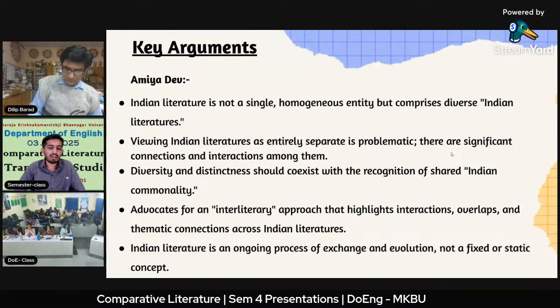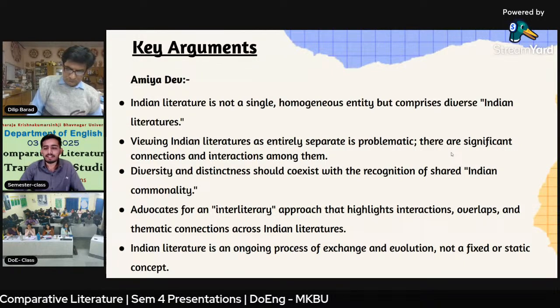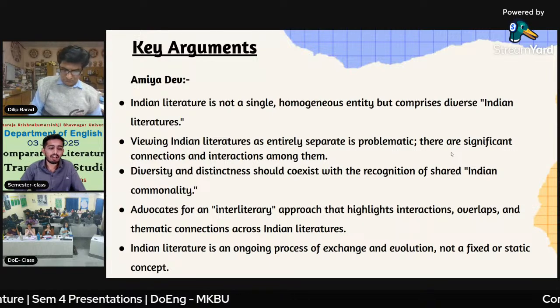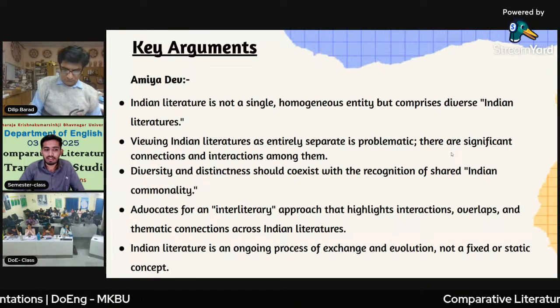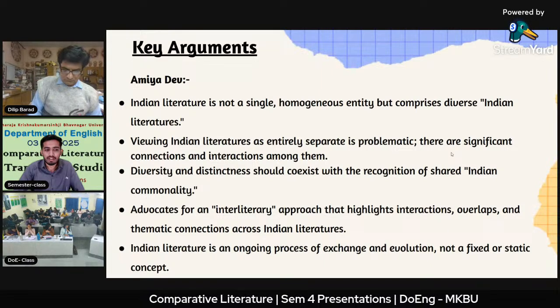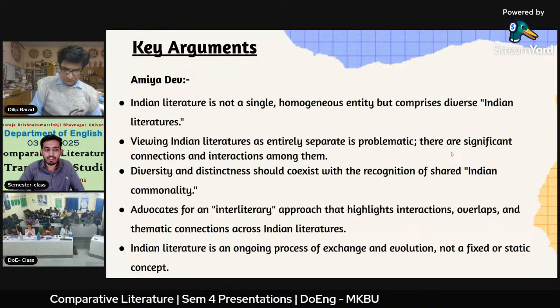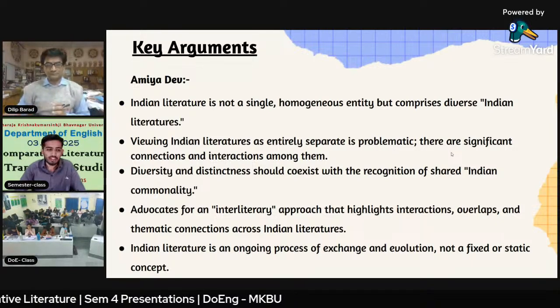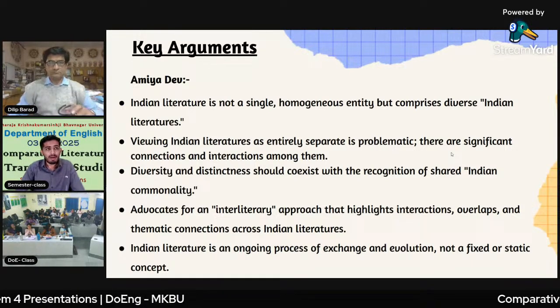He advocates for an interliterary approach that highlights interactions, overlaps, and thematic connections across Indian literatures, as a process of exchange and evolution, not a static and fixed concept.